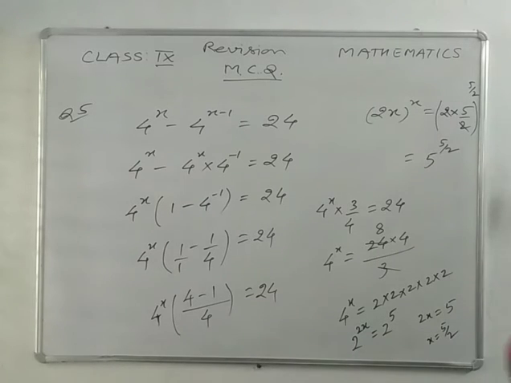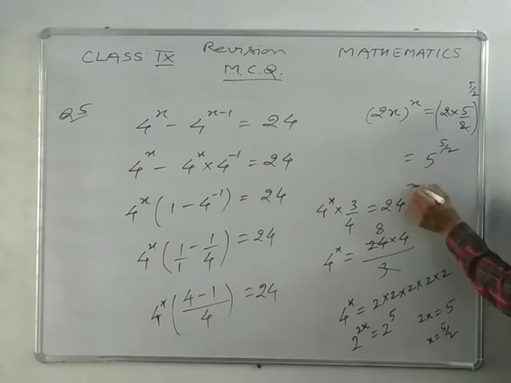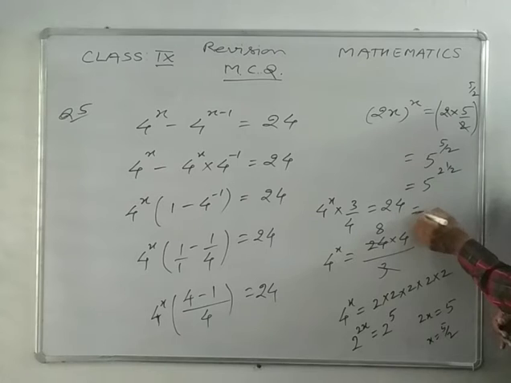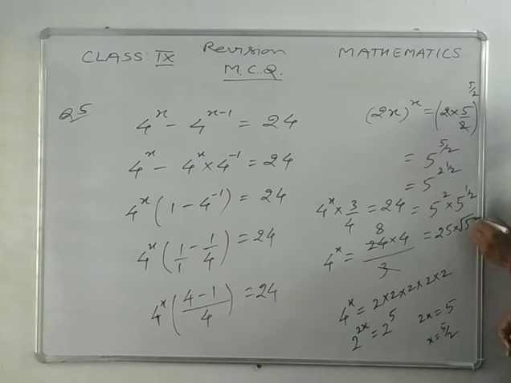Next, 5 to the power 5 by 2, we can write as 5 to the power 2 and half, 5 to the power 2 into 5 to the power half. 5 to the power 2 is 25, and 5 to the power half means √5. So final answer is 25 √5.